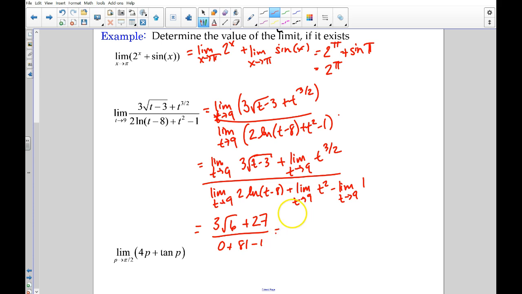So in the end I get 6 plus 27 all over 80. And that would be my answer.